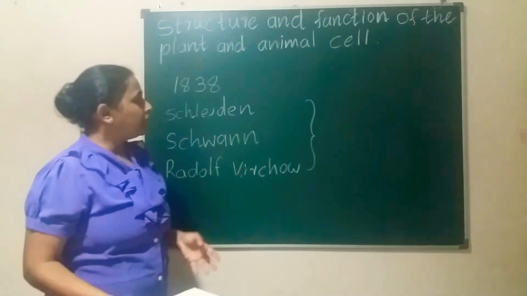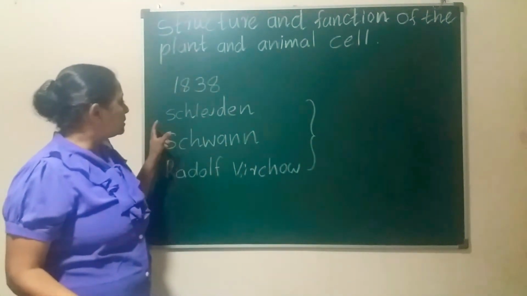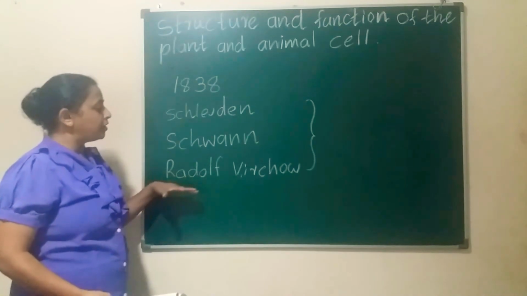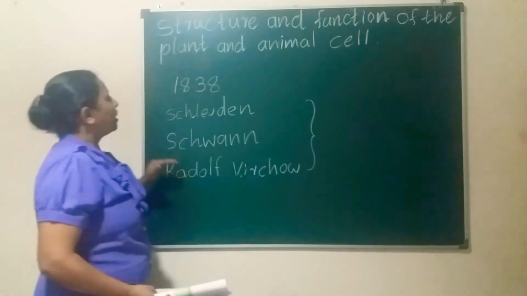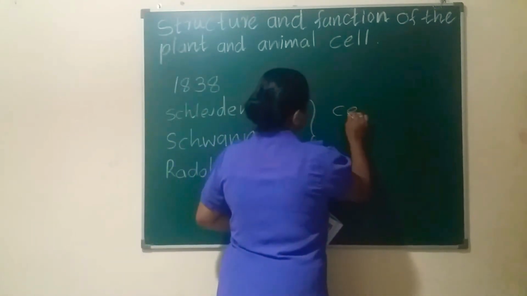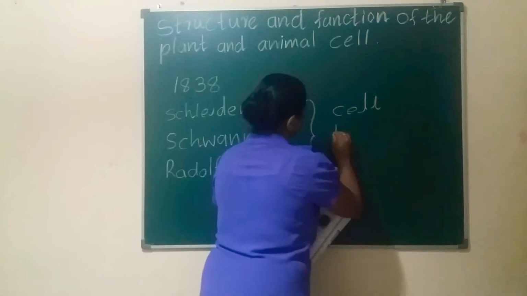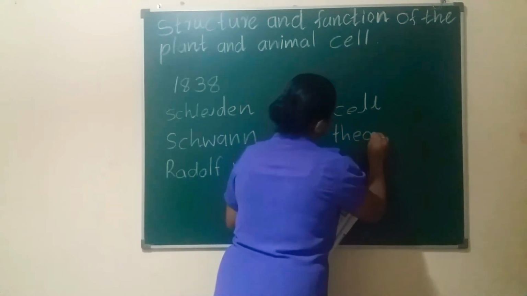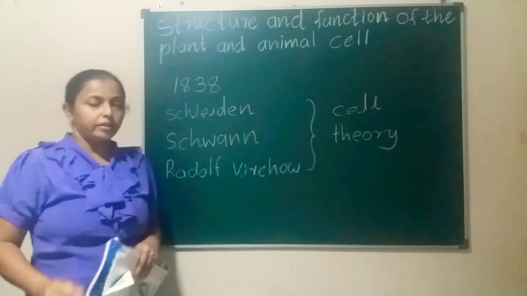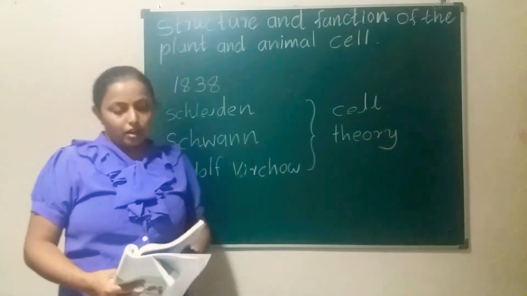Cell theory was introduced by these three scientists, Schleiden, Schwann and Rudolf Virchow. Right? What is that? Cell theory. They introduced this cell theory.